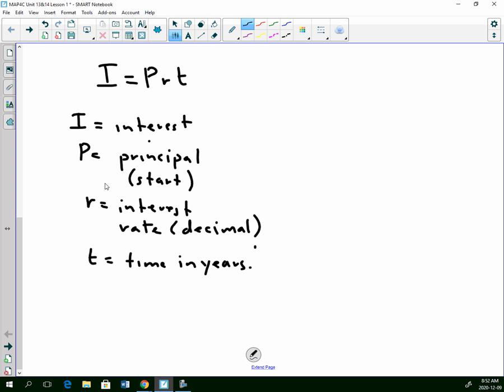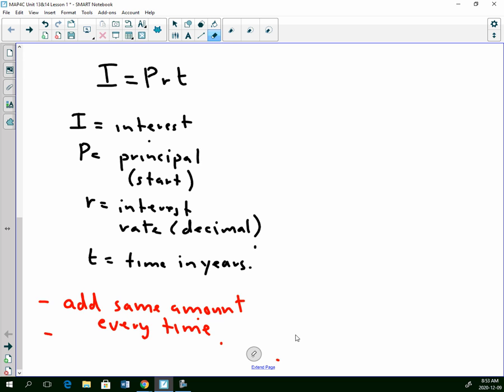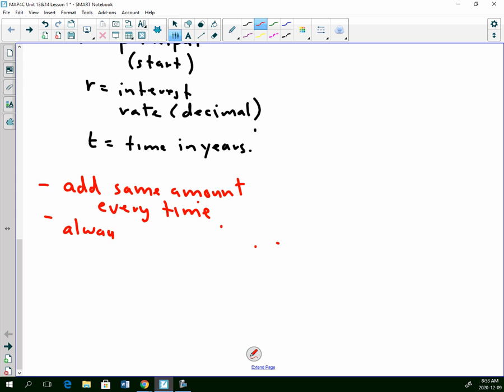So with simple interest, we add the same amount every time, and it's always determined by the original amount. So it doesn't accumulate, you just add the same amount every single time.